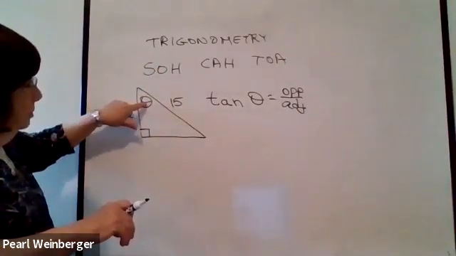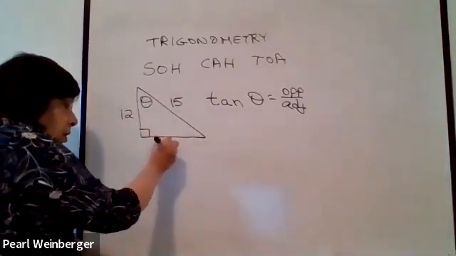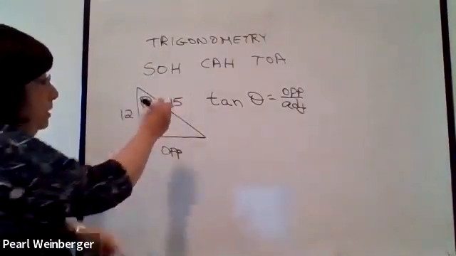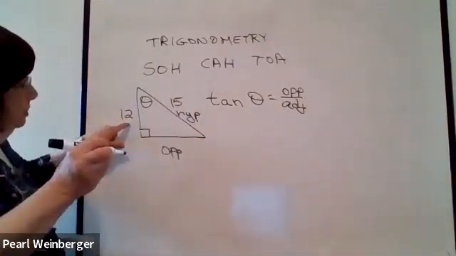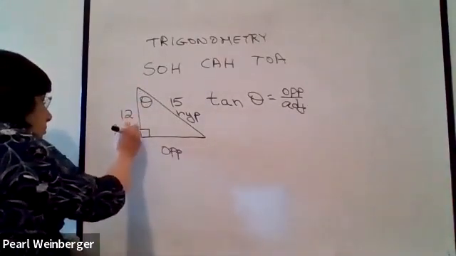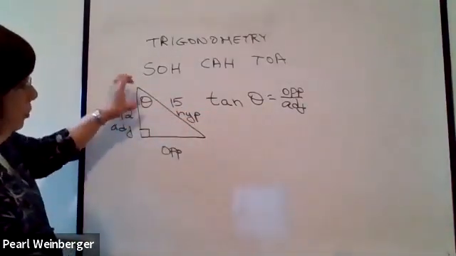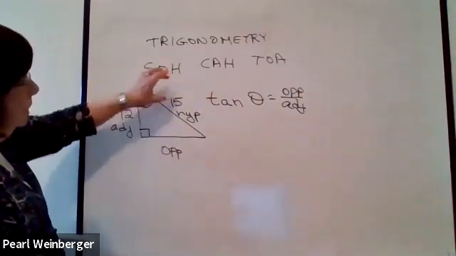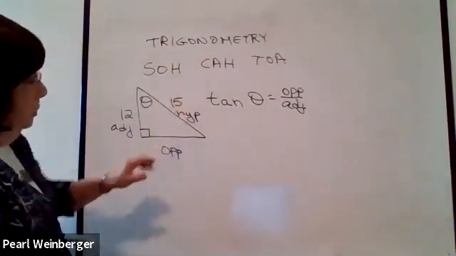Okay, here is my angle. My opposite side would be here. My hypotenuse would be here. And my adjacent side is the one that's connected to the angle, is here. So again, always look at the angle that they're focusing on and label your sides opposite, adjacent, hypotenuse.